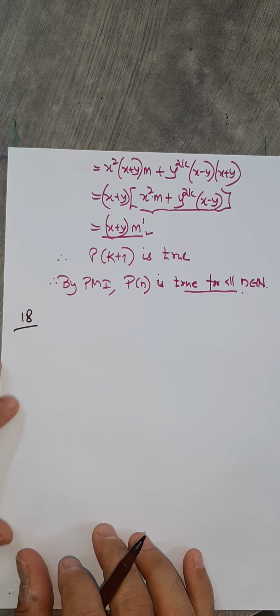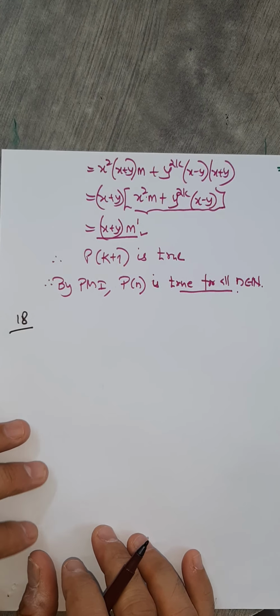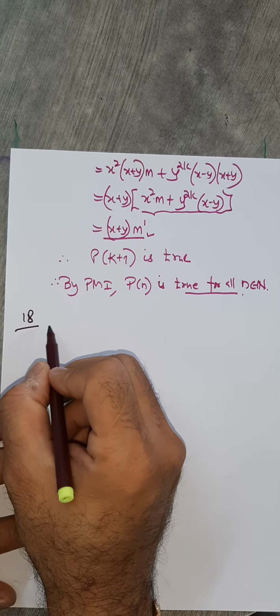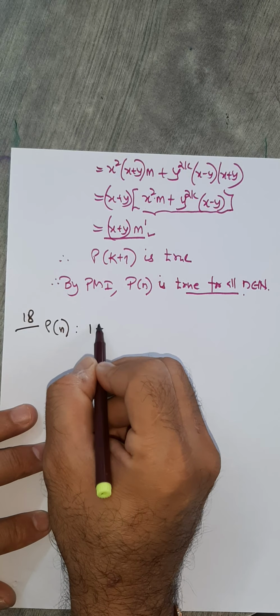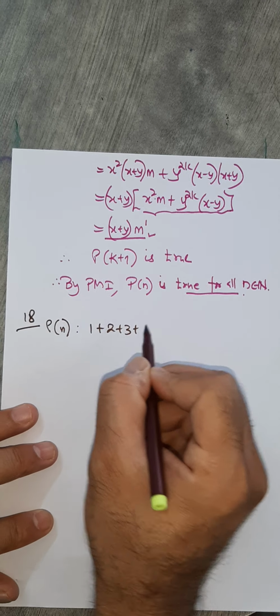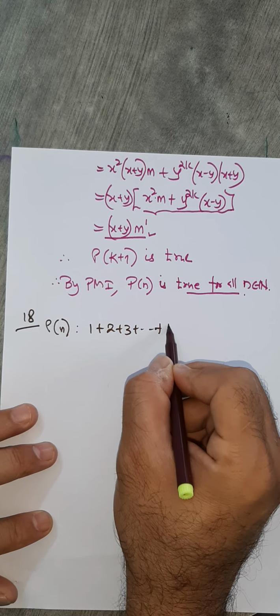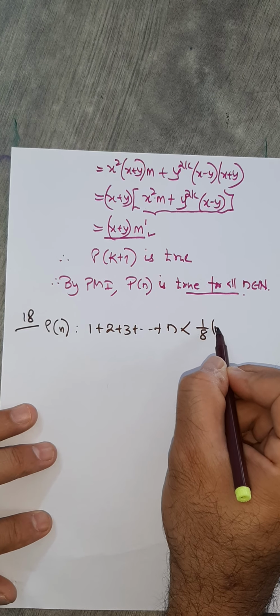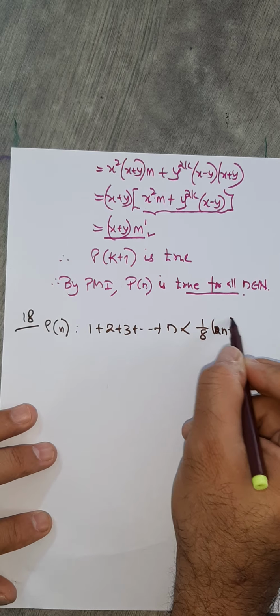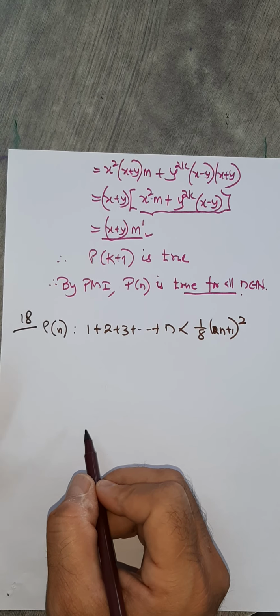Question number 18, which is about that inequality, 18 and 24. Okay, so let's see 18. We call this P of n: 1 plus 2 plus 3 up to n is always less than 1 upon 8 into (2n plus 1) the whole square. You want to show this.